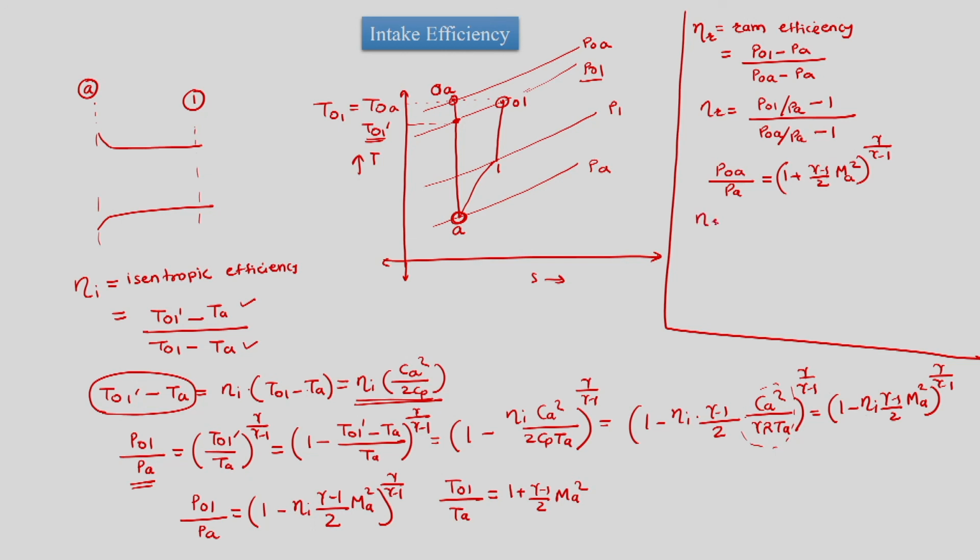Practically speaking, the RAM efficiency or isentropic efficiency, also termed diffuser efficiency, are the same and they are interchangeable. These efficiencies are more used for subsonic intakes. In case of supersonic intakes, total pressure ratio or pressure recovery factor is said to be important.